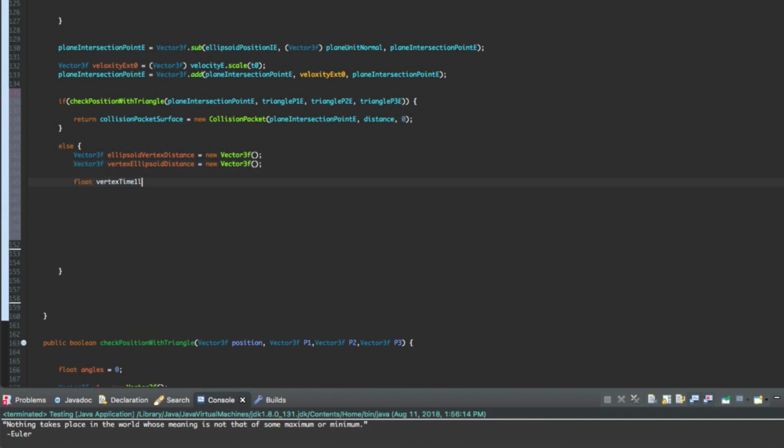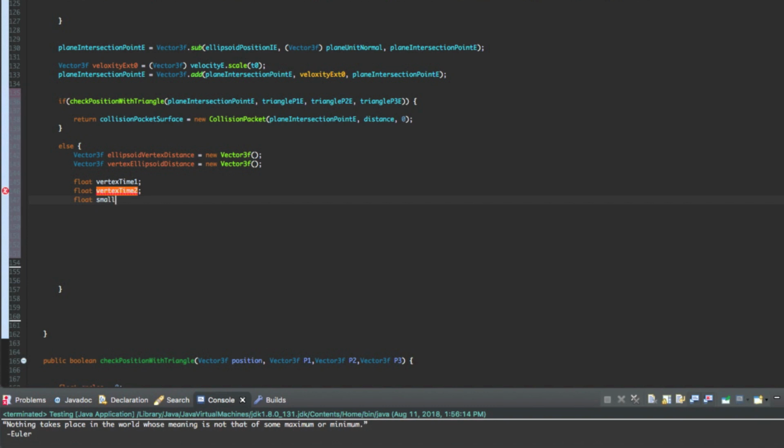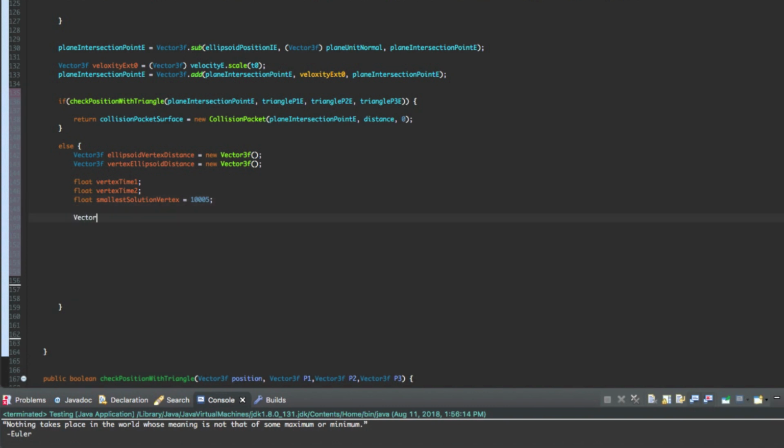We'll need a float for the vertex time 2. We'll need a float for the smallest solution vertex, which will be the final solution that gets used in the calculations of the final solution. We need a vector 3f. We'll call it collision point.